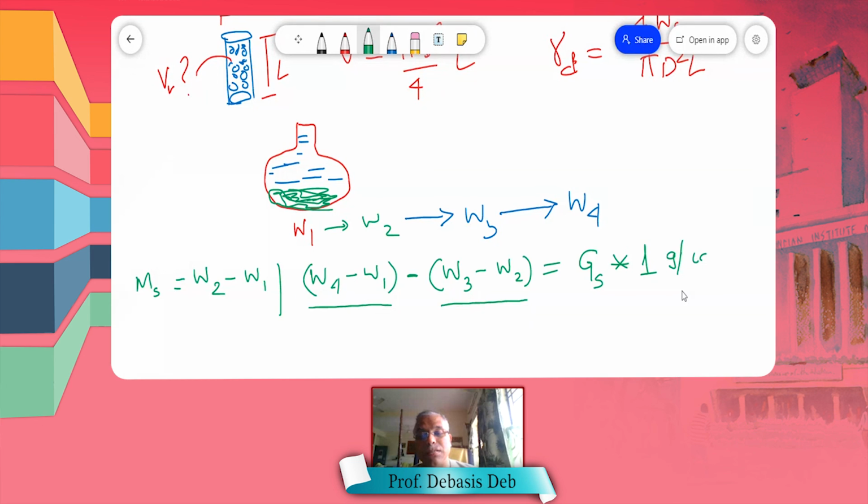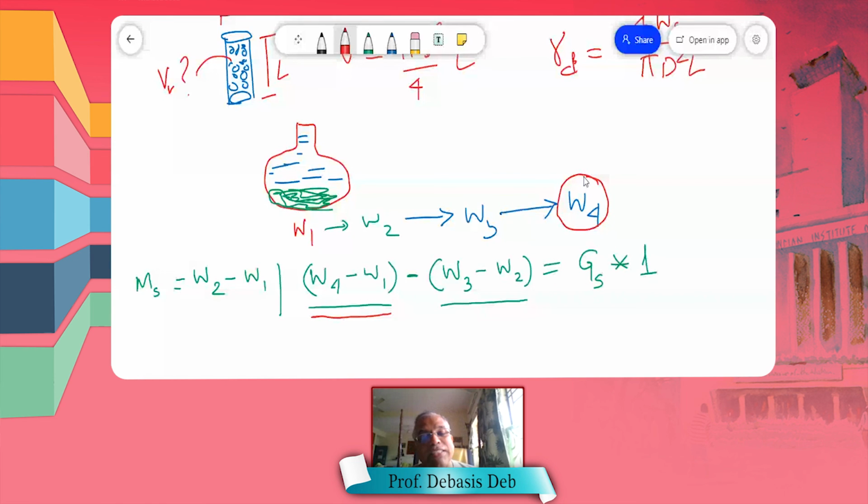Sir, can you explain this once? I just missed it. Okay. Now, you understood this part, W4 minus W1. This is the empty bottle plus water, and this is the empty bottle.